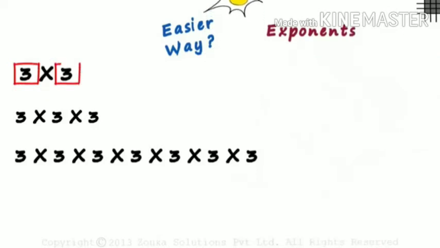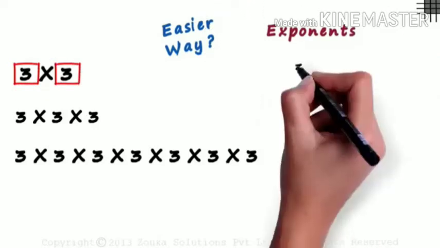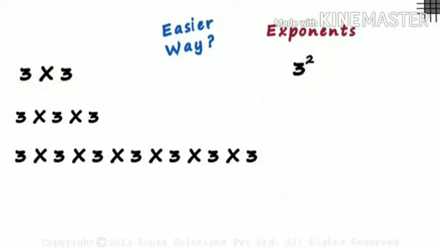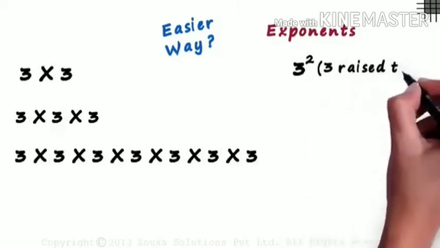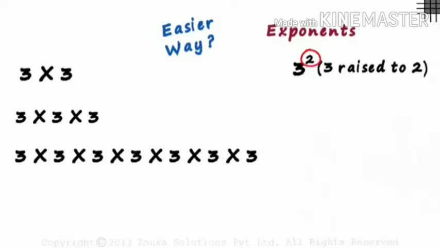3 multiplied by 3 can be written as 3 with a 2 in the superscript. This is read as 3 raised to 2. How do we get a 2? It depends on the number of 3's you can see. So we have 2 3's here, and hence we write it as 3 raised to 2. In the second case, we can see 3 3's.